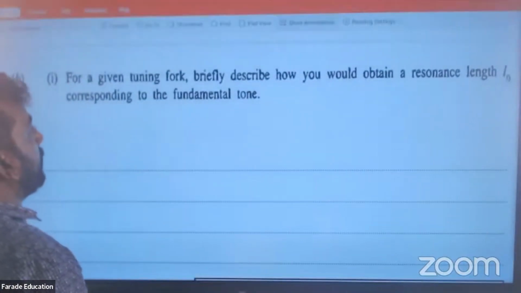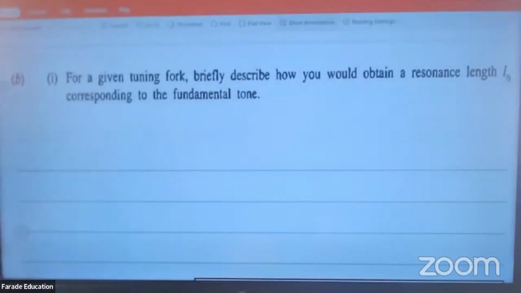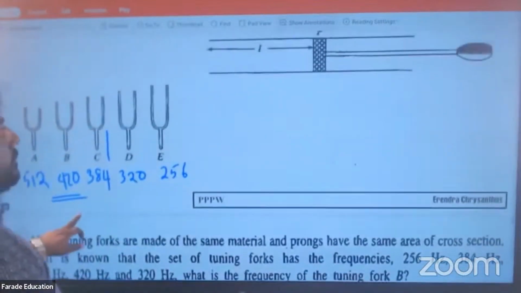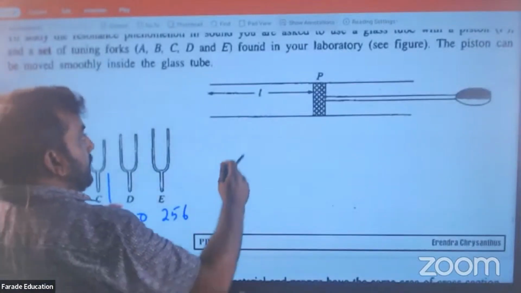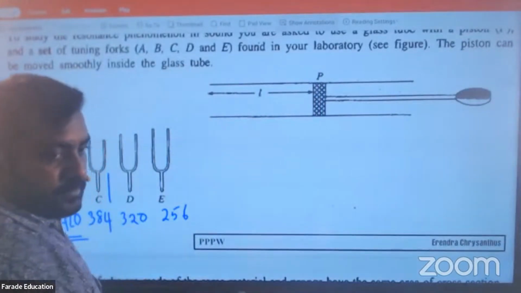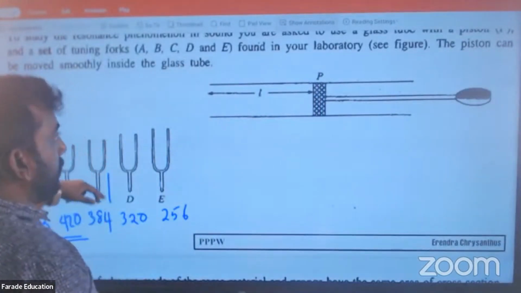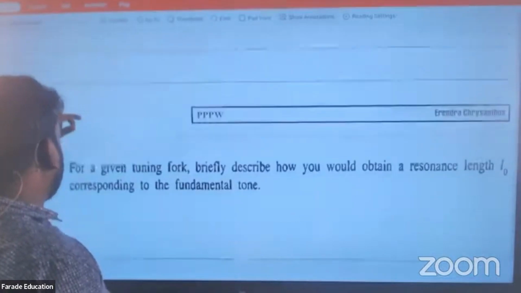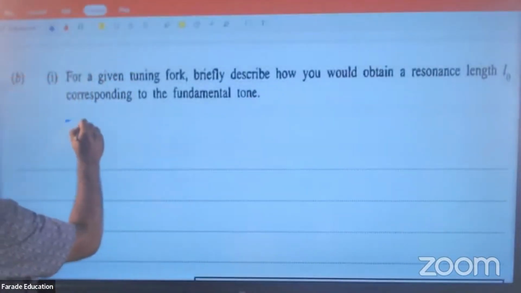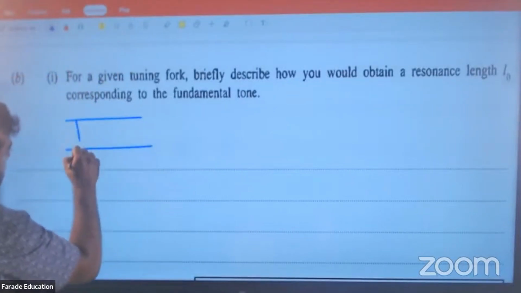For a given tuning fork, briefly describe how you would obtain the resonance length. How would you obtain the resonance of the fundamental note? What do you do? First, start from a very small vibrating length.